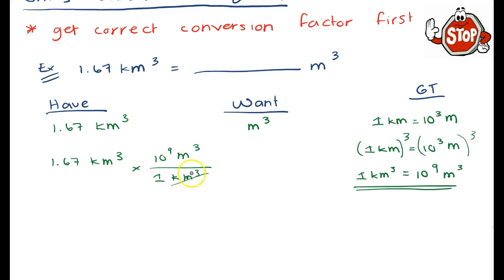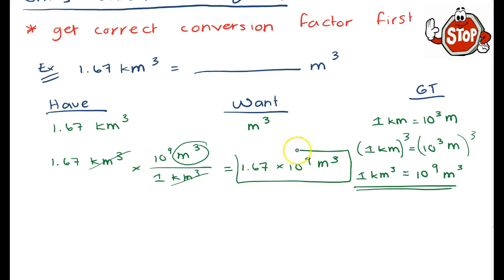We get rid of the kilometers cubed. I'm left with the units I want, which are meters cubed. I don't even need a calculator for this because I'm multiplying straight across. So I have 1.67 times 10 to the 9. That is your answer: 1.67 times 10 to the 9 meters cubed.